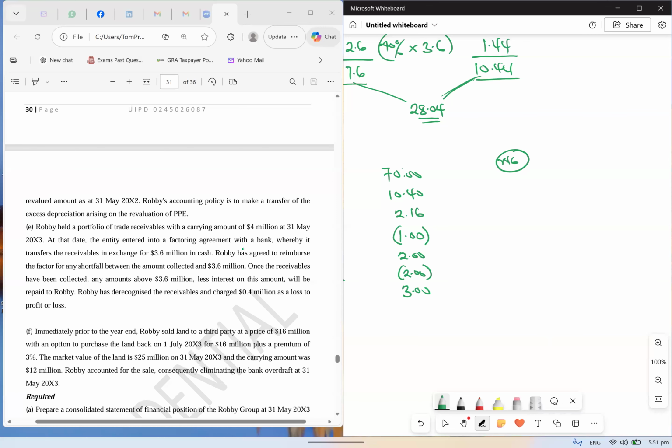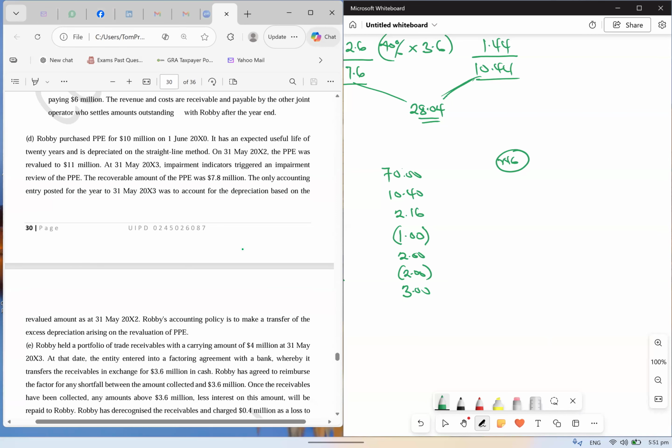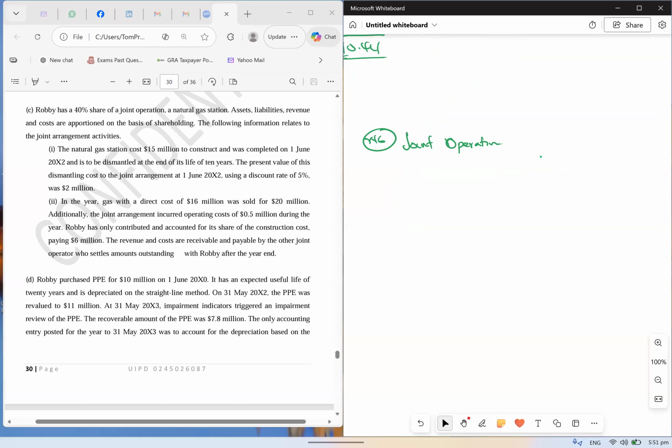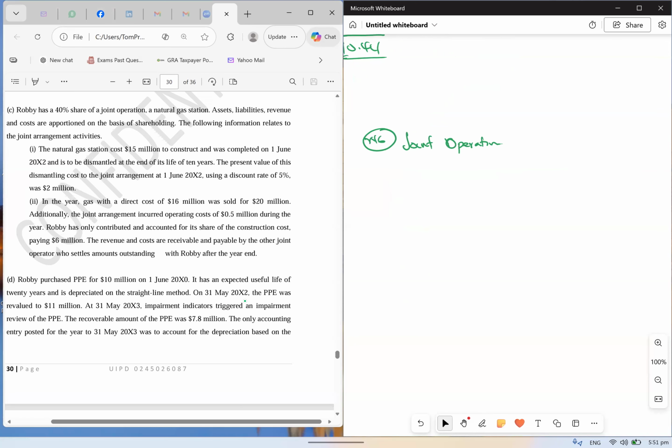So in working 6, we are going to deal with PPE. No, there is a joint venture. So let's do the joint venture first. Oh, it's joint operations. So please, for a joint operation, you do P&L for them and the balance sheet as well. According to the question, his own is a 40% joint operation.